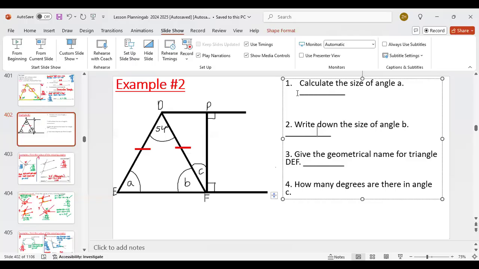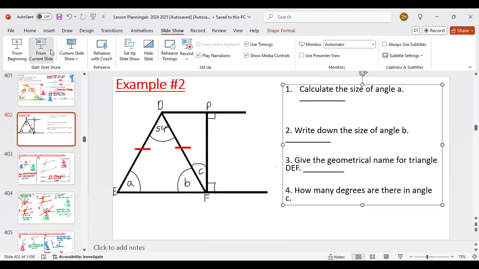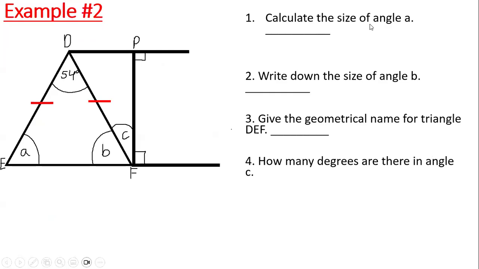I don't know if y'all can see if I put that so high. Let me put it down a little. Okay, so it says calculate the size of angle A. So we know that this is angle A. Can someone tell me how we're gonna get angle A? What's the first thing we're gonna do to get angle A?